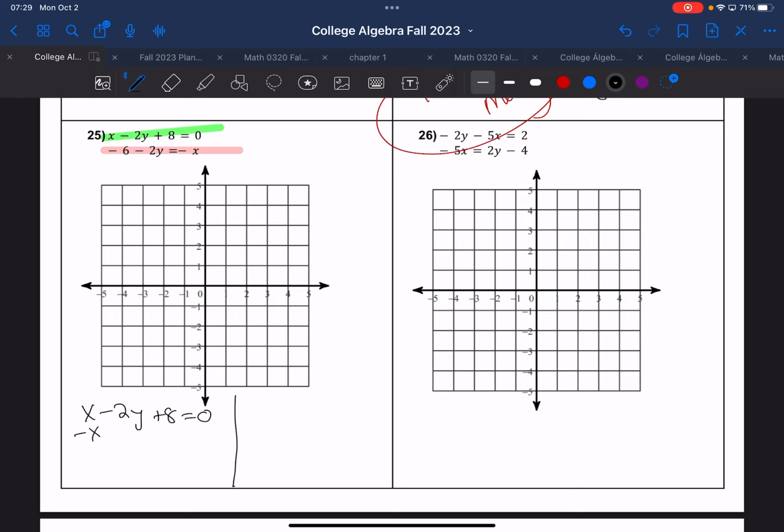I'm going to subtract the x and subtract the 8. So I get negative 2y equals negative x minus 8. And you could do it the opposite. You're still going to get the same answer. So then from here, I'm going to divide everything by negative 2. And I get y is equal to 1/2 x plus 4.